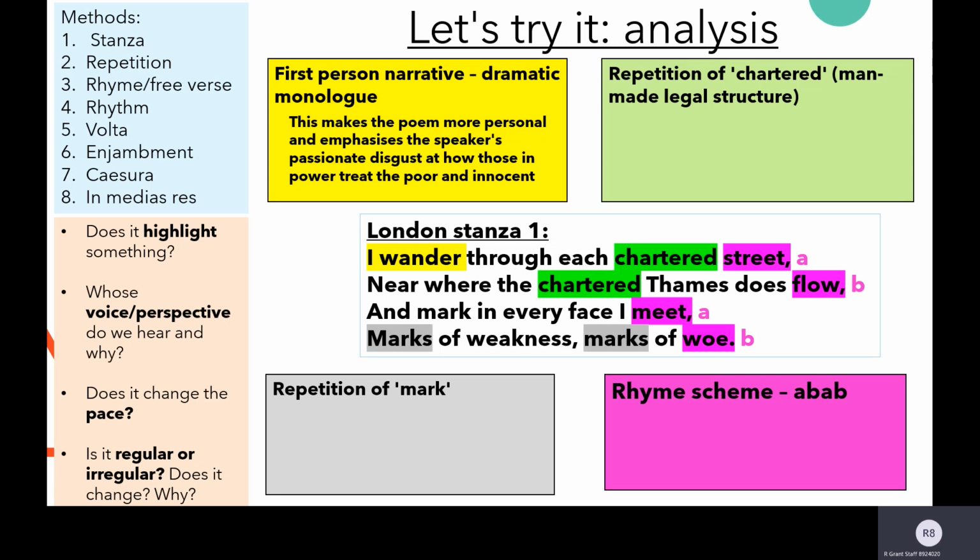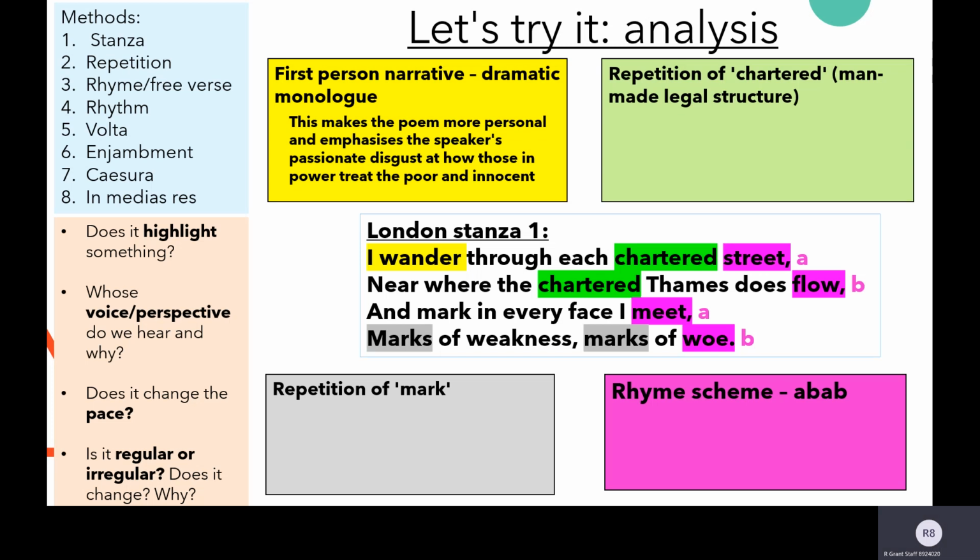So we'll start with the first person narrative. I'm going to ask myself, whose voice perspective do we hear and why? And I know that William Blake, who was the actual poet, was a big believer in social and racial equality, very forward thinking for his time.